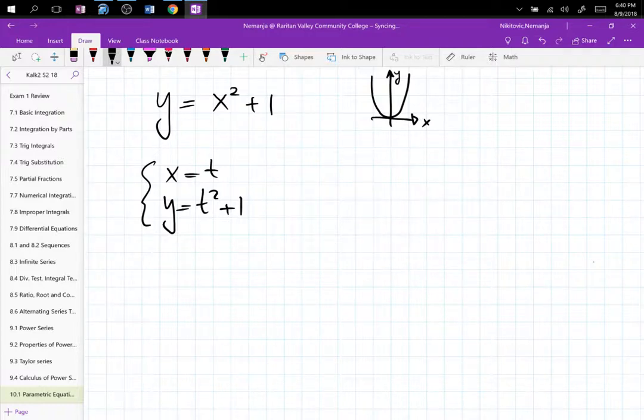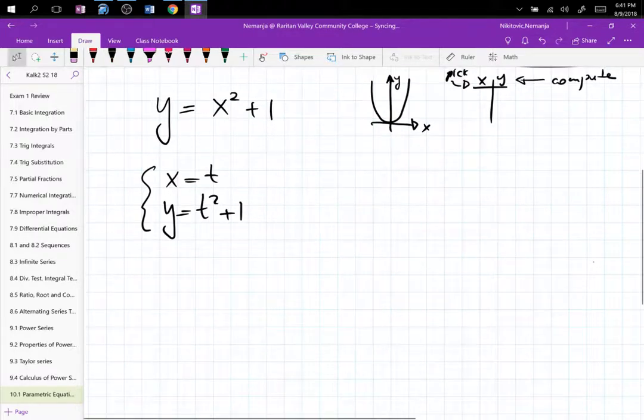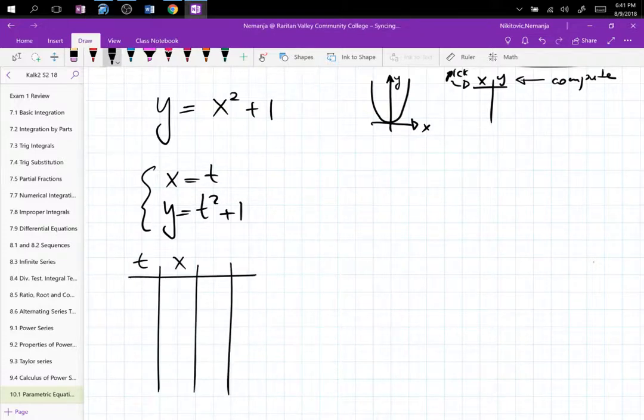Now, for a set of parametric equations, the way you graphed the parabola was you pick x's and you compute y's. Now, when you are dealing with parametric equations, you will pick t's and you will compute x and y. So this is what you pick, and these two are what you compute.